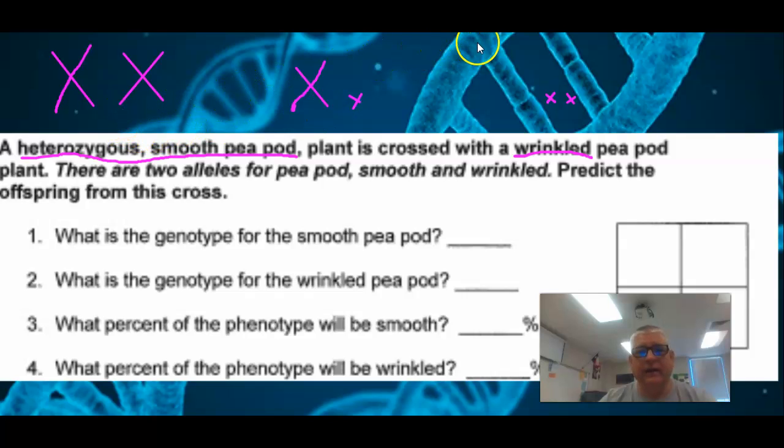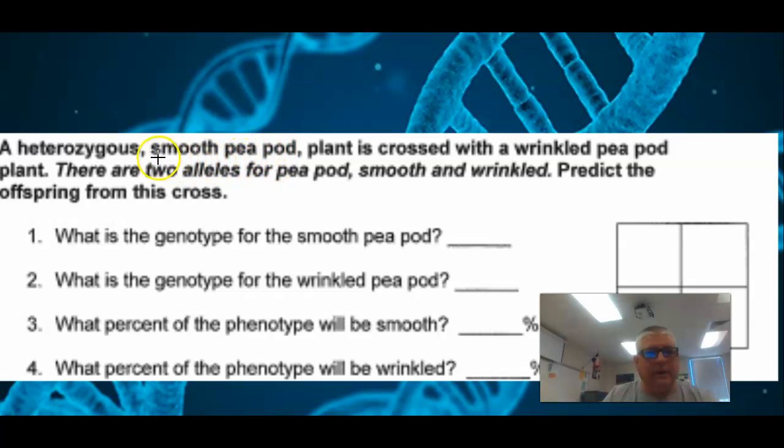So if I erase this, then we'll go back to, we know now that smooth is dominant. So we're going to go with, this is heterozygous. Man, it's so slow.